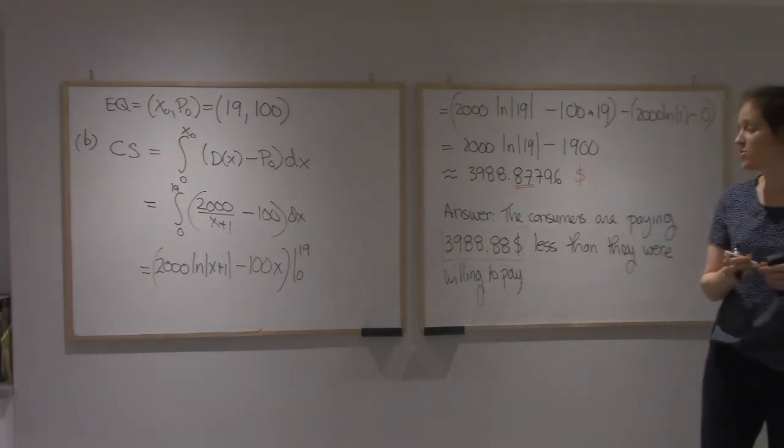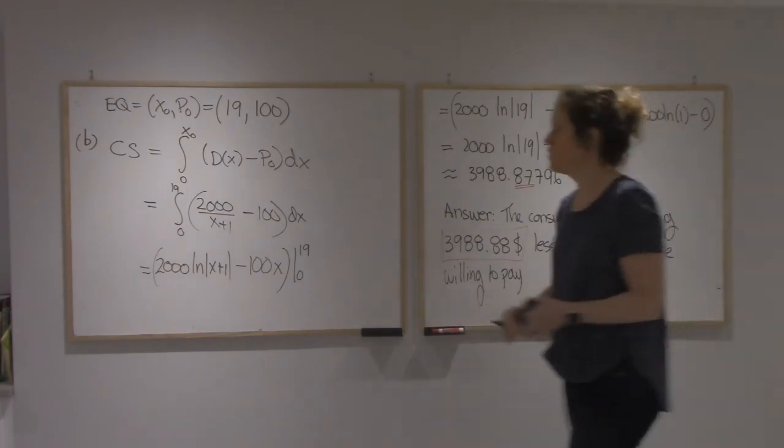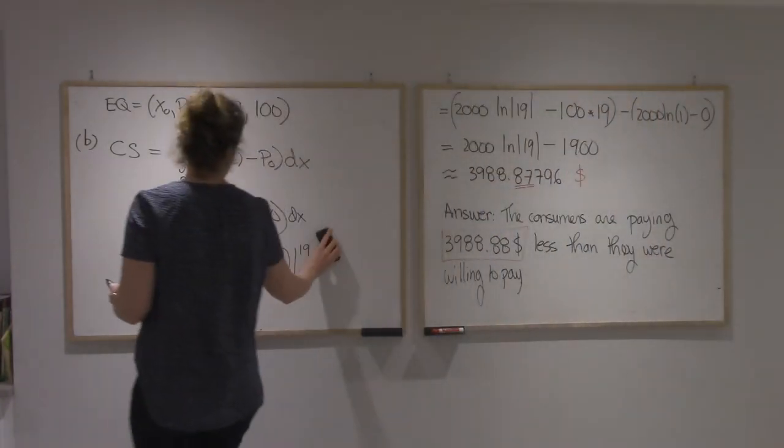All right, so if your answer is in dollars, I would round to the closest cent, so 2 decimal digits.